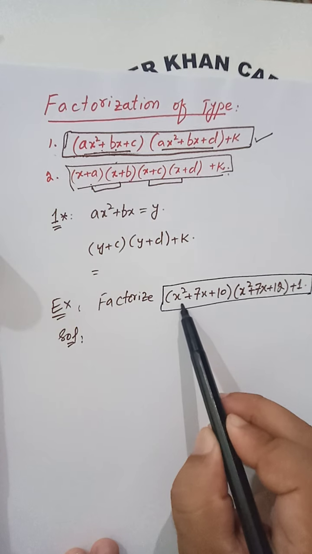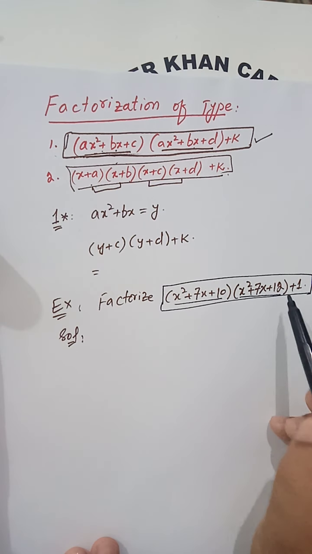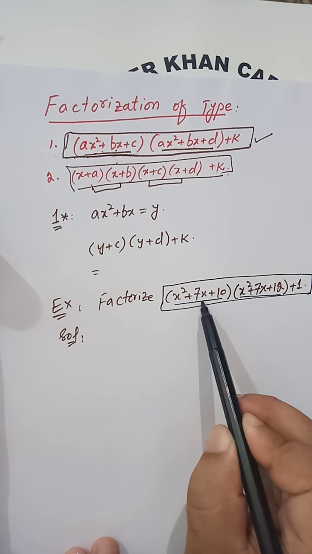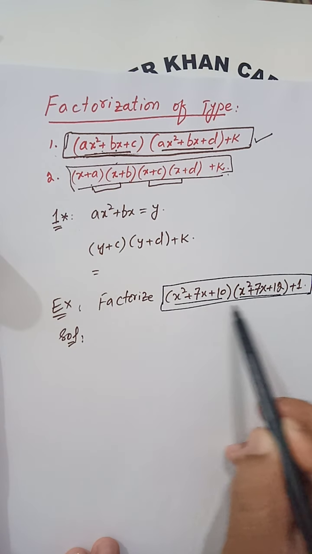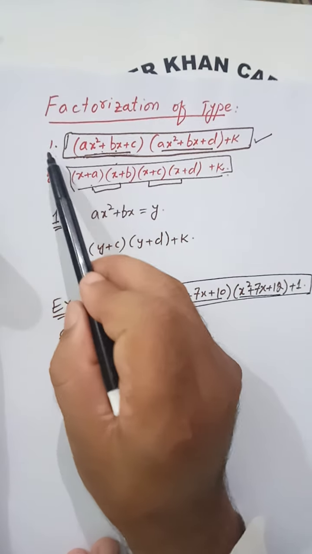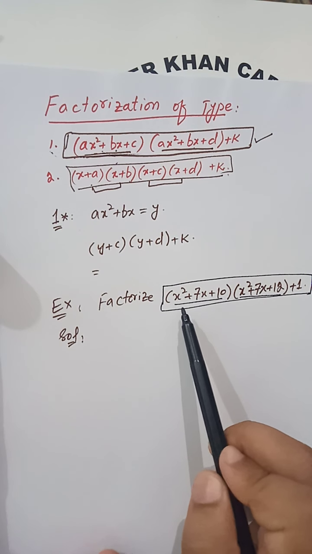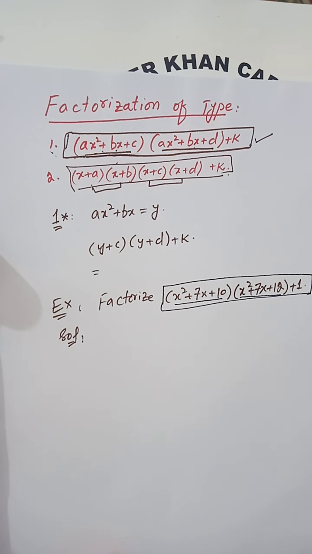If you look at the two quadratic algebraic expressions, in both of them the first two terms are the same. So this whole algebraic expression is of this type. What you can do for the factorization is replace x² + 7x by another variable. The choice is yours.